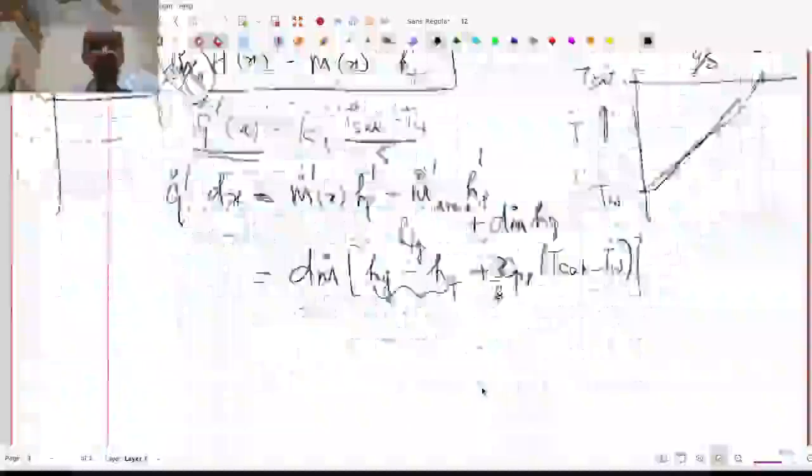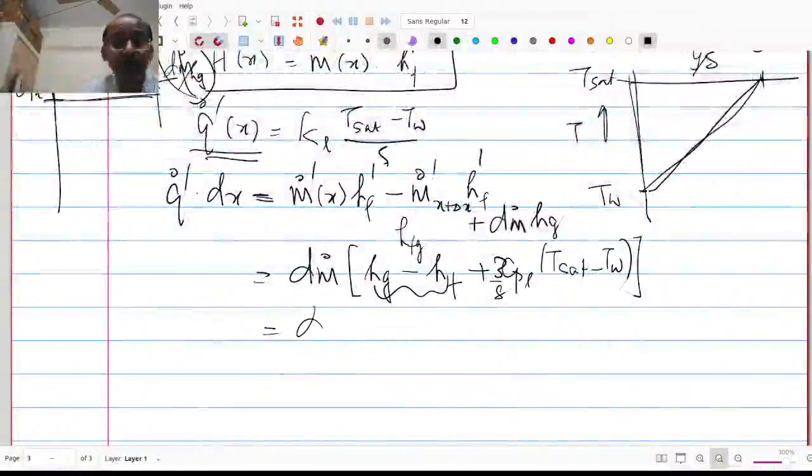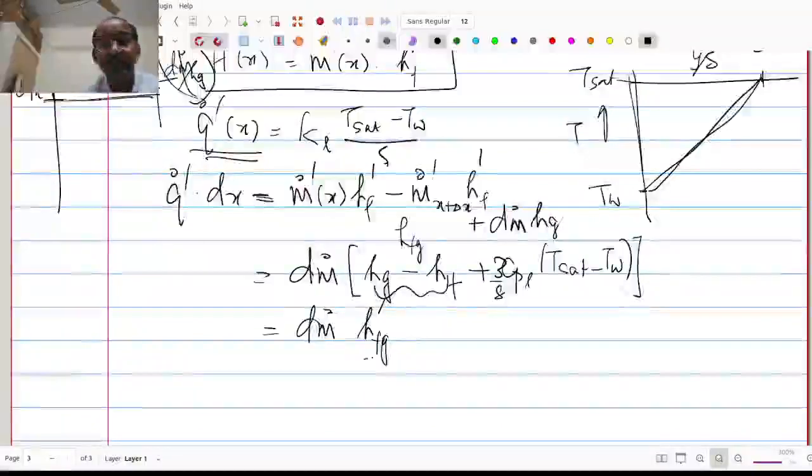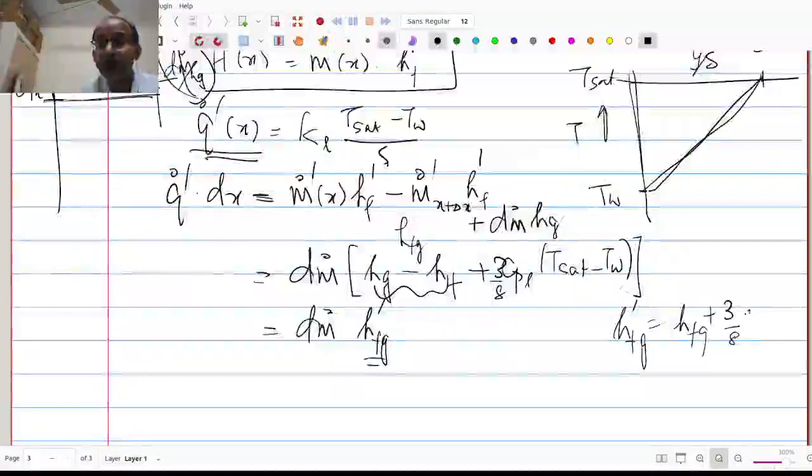So I get dm dot into hfg prime, where hfg prime is nothing but hfg plus 3 by 8 cpl into Tsat minus Twall.